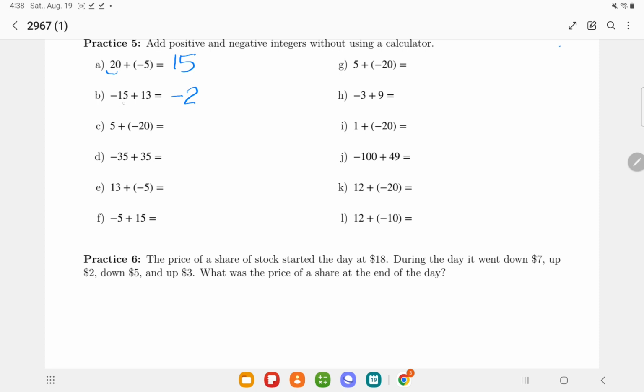We know that our answer is negative because we have more minuses, and 15 minus 13 is 2. Here we have 5 pluses, 20 minuses. We know that we have more minuses. Our answer is negative. 20 minus 5 is 15.